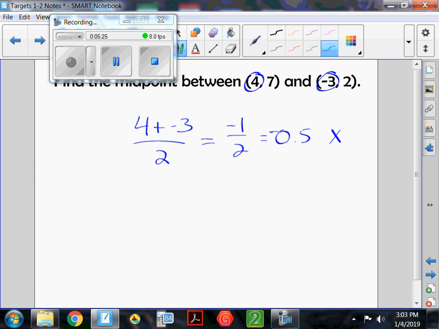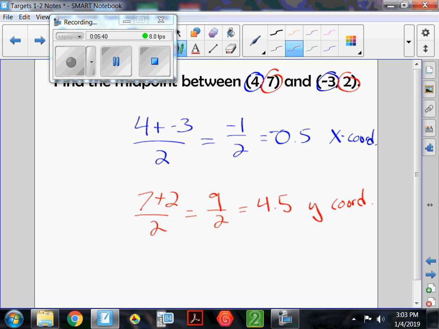That's my x coordinate. My y coordinate is going to be 7 plus 2 divided by 2, which is 4.5. So my midpoint is negative 0.5, comma 4.5.